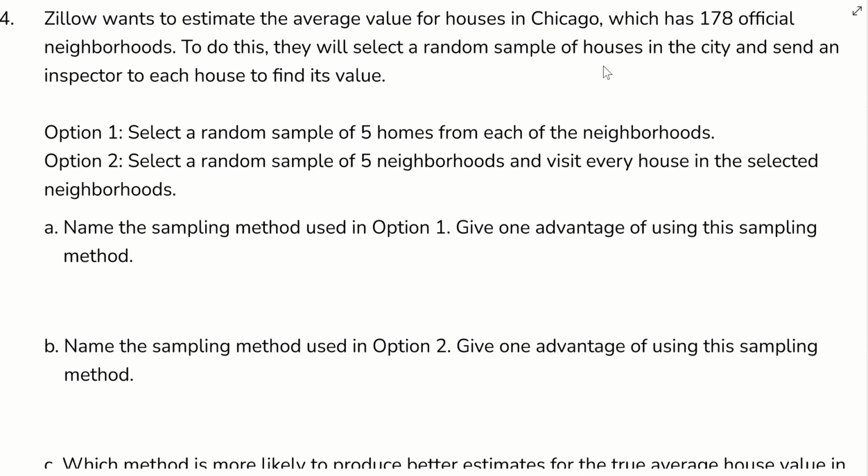Option 1, select a random sample of 5 homes from each of the neighborhoods. Option 2, select a random sample of 5 neighborhoods and then visit every house in the selected neighborhoods. Name the sampling method used in option 1. Give 1 advantage. Okay, so option 1, you're selecting a random sample of 5 homes.